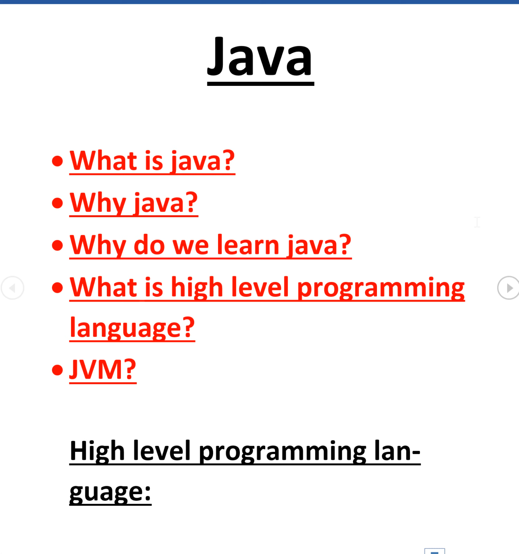First, what is Java? Java is a high level programming language, and it is an object oriented programming language. Everything in Java is an object. Second, why Java? Because Java is a high level, robust language, and it gives object oriented features that we will cover.